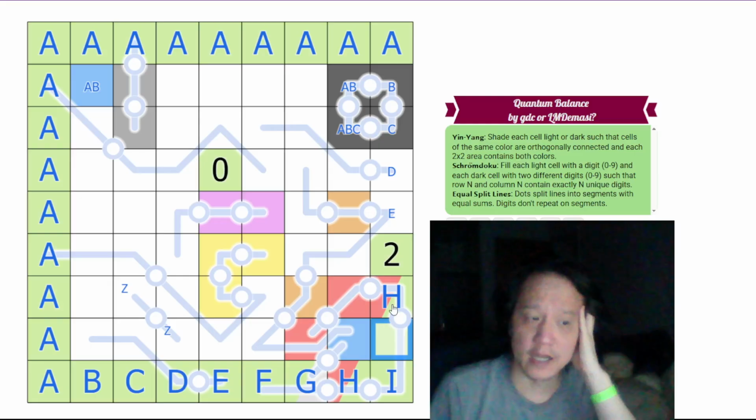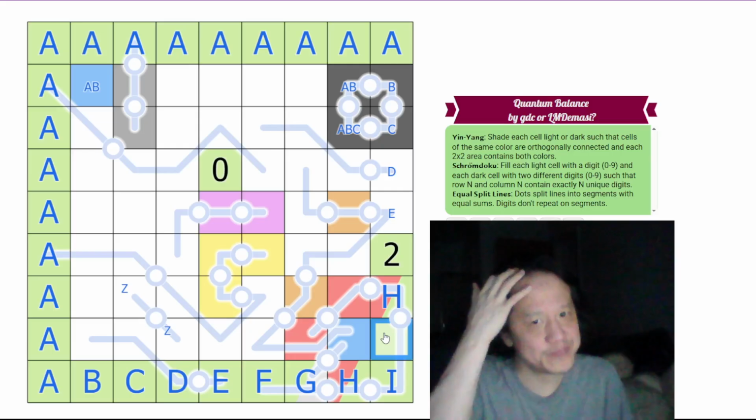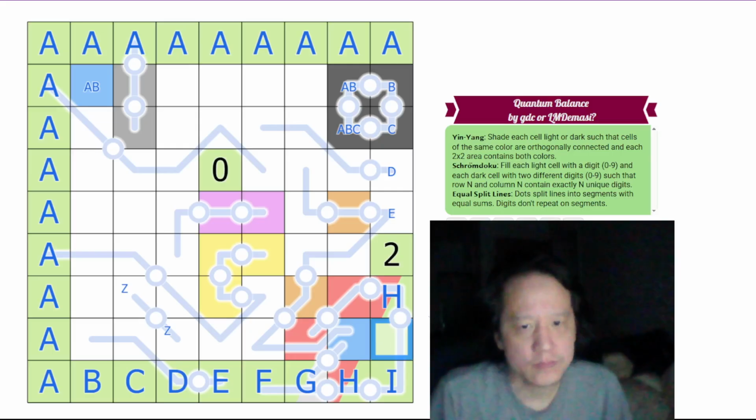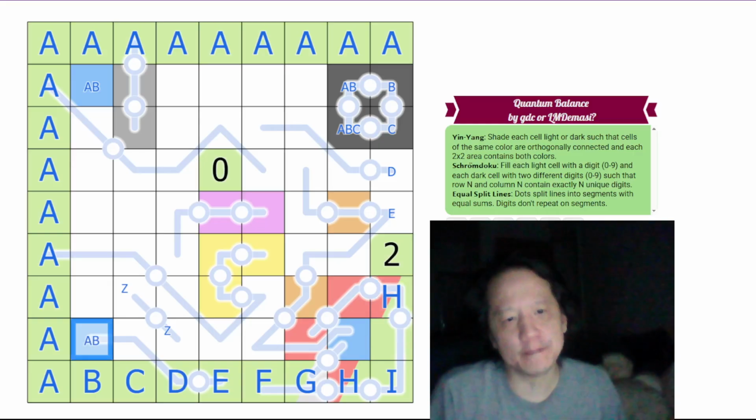It could be I and I adding up to H. It could be, say, I and 2 adding up to H. This is blue, so it would be A and B.